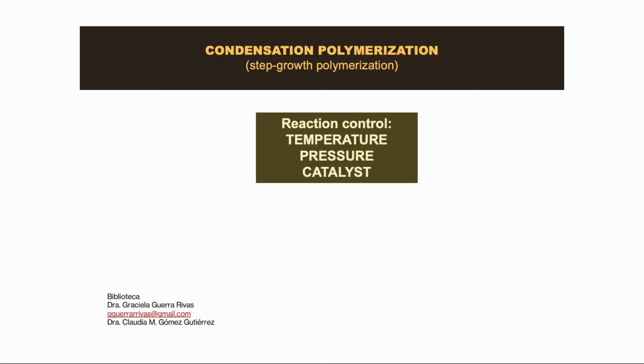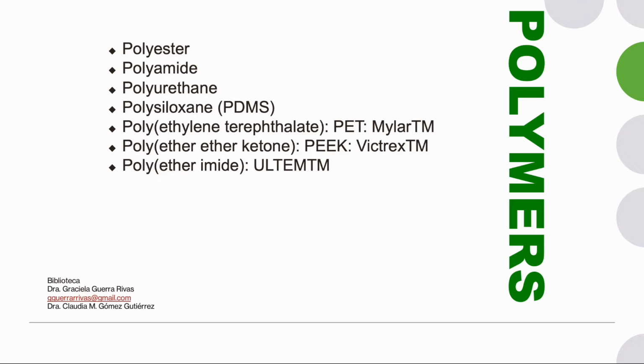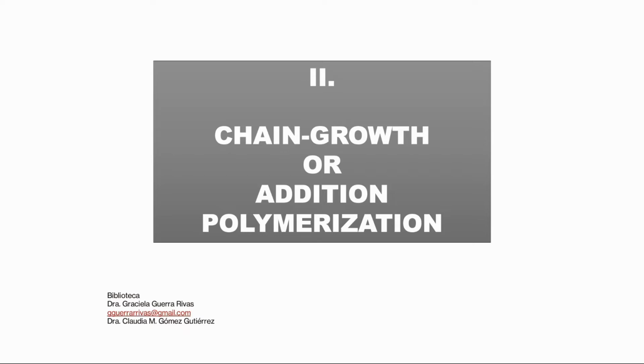Some examples of polymers formed by step reaction or condensation polymerization are polyester, polyamide, polyurethane, polysiloxane, polyethylene terephthalate, polyether ketone, polyether.